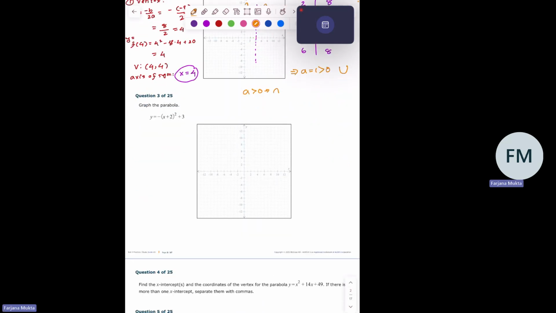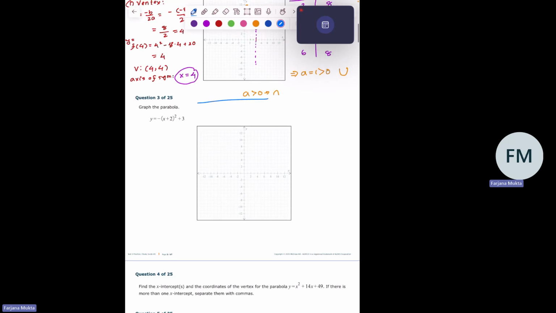Now this is just the same question. I'll just help you a little bit with that. On this, what kind of form is the equation of the parabola in? This is in vertex form, right? So the vertex form of the parabola was y equals a times (x minus h) squared plus k.